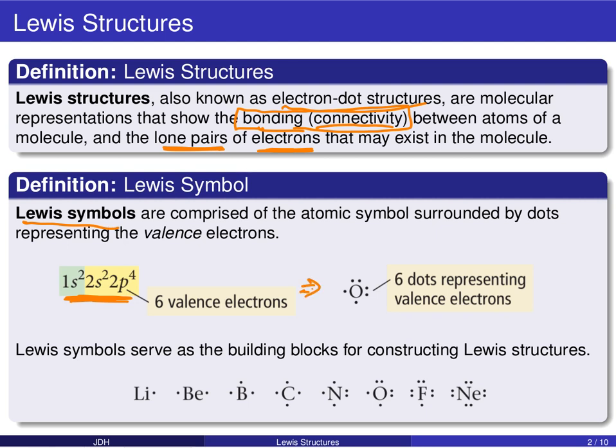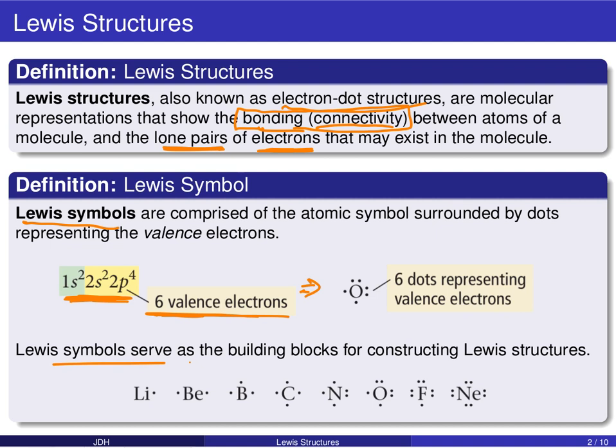those valence electrons. We can see here in the example of oxygen, the electron configuration is 1s2, 2s2, 2p4. In yellow here, we've highlighted the 6 valence electrons. So we're going to write out that oxygen chemical symbol with 6 dots around the outside. I also wrote out a list of the second row elements and their corresponding Lewis symbols.